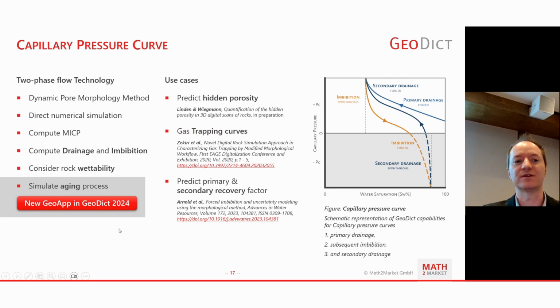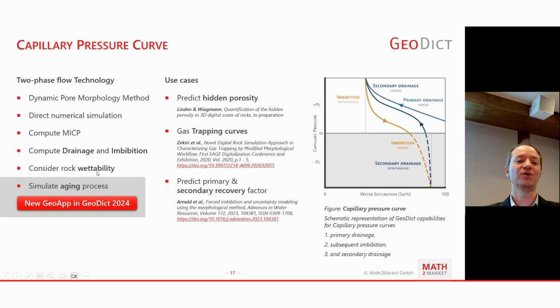So two-phase flow technologies. We do simulate two-phase flow with a dynamic pore morphology method, which is a morphological approach that does direct numerical simulation. So you can compute the MICP, which is basically a drainage, or you can compute drainage and imbibition, and for example, an oil-water setup. And doing so, you can consider your rock wettability. So if you know what kind of wettability your rock has, you can assign it, which requires you to distribute the wettability if you have, for example, a mixed wet rock.